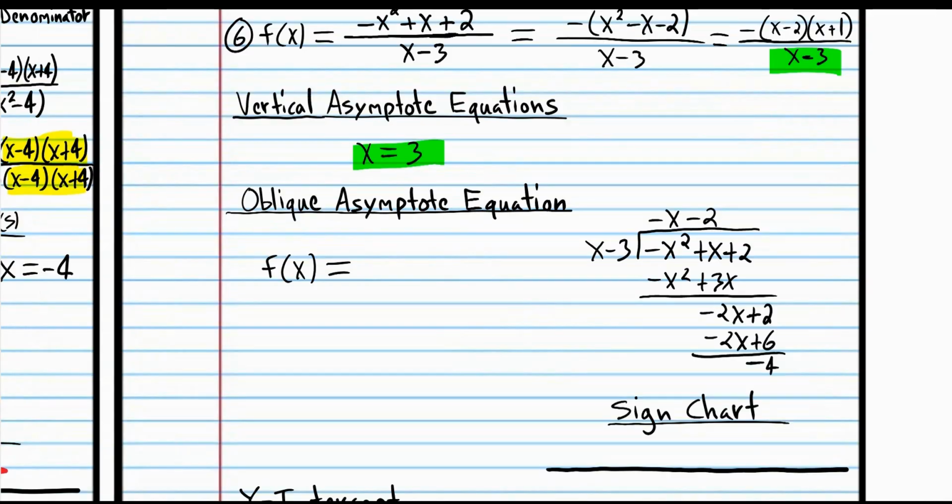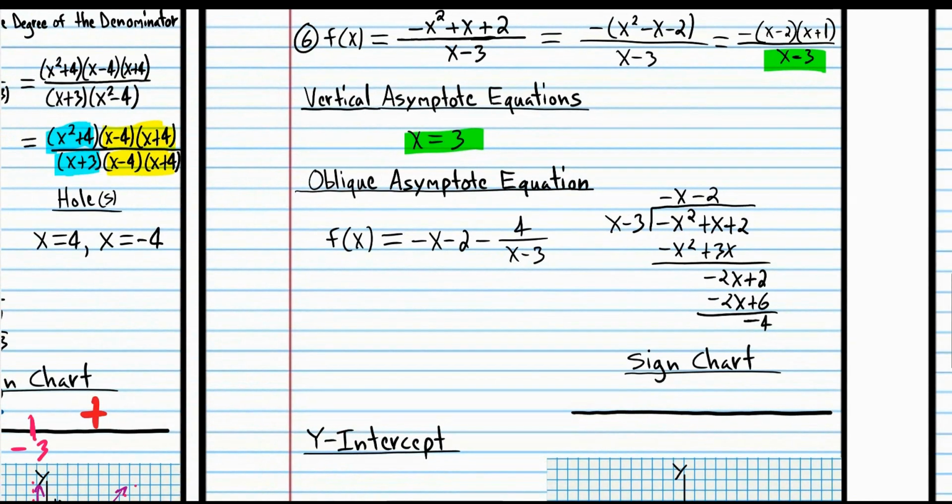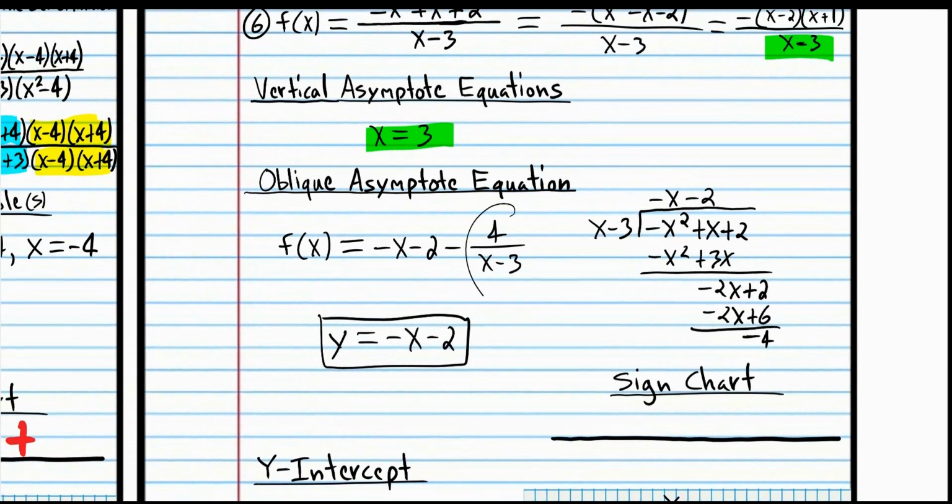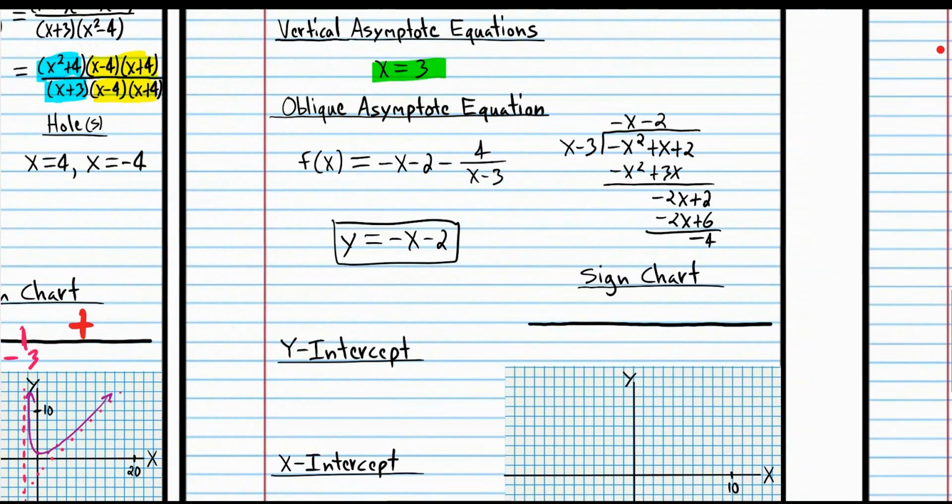We get a new form of our function, which is -x minus 2 minus 4 over x minus 3, and the oblique asymptote equation is y is equal to -x minus 2. Because as x gets really big, this fraction becomes negligible. It approaches 0, which means that the graph is going to turn into -x minus 2 for all intents and purposes.